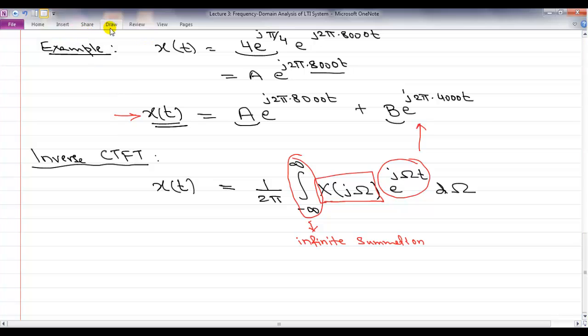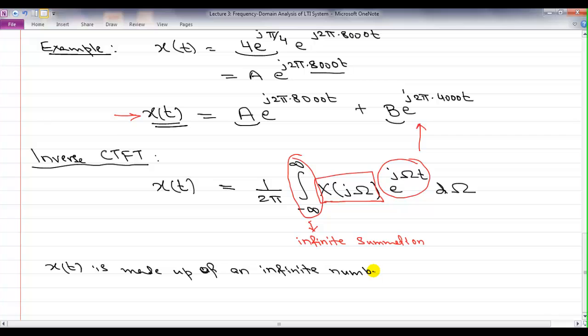So if you look at the inverse continuous time Fourier transform, what this is saying is that x of t is made up of an infinite number of sinusoids, and the frequencies of those sinusoids range from, so this integral has limits for the frequencies, right?